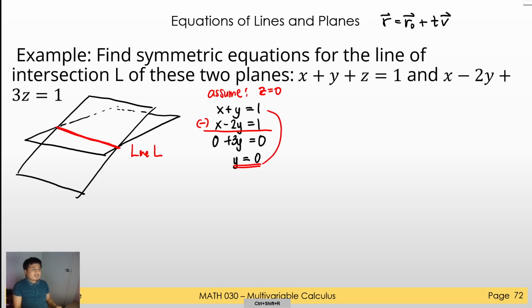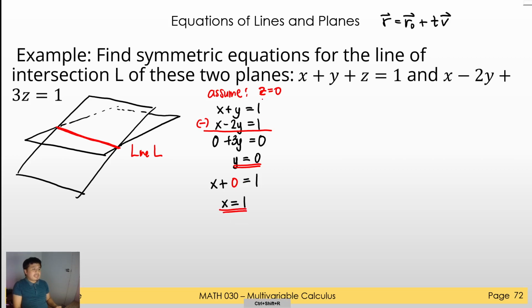Now we can substitute this into either the first or the second equation to solve for x. Using the first equation, x plus 0 is equal to 1, so x is equal to 1.